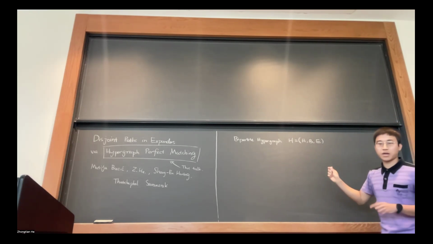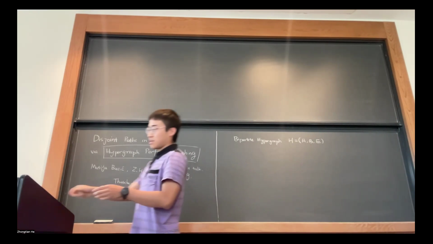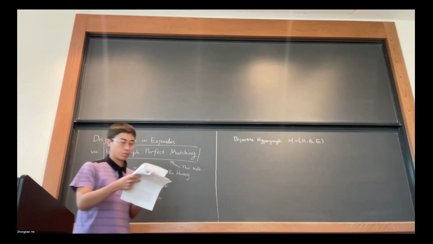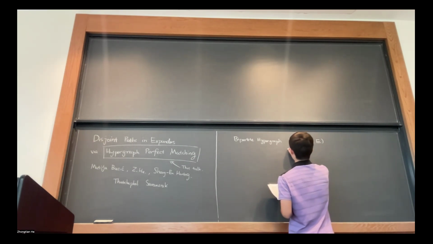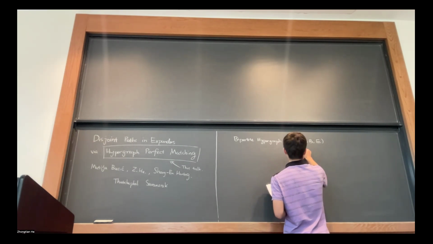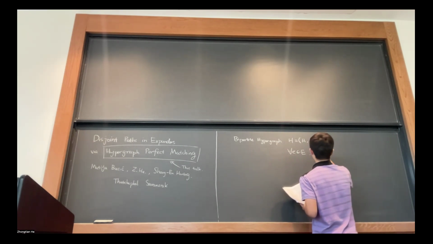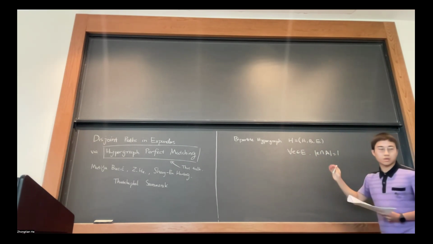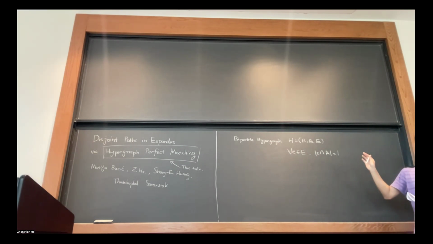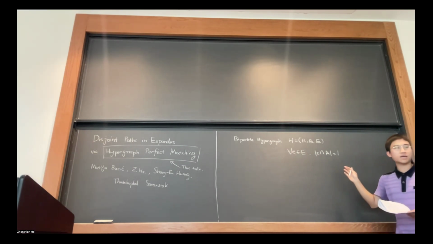And each hyperedge, in our definition, will only consist of one vertex in A. So for any edge, it intersects exactly one vertex on the left-hand side.